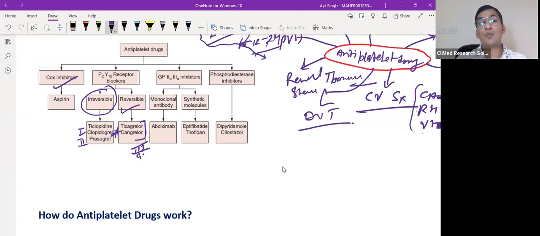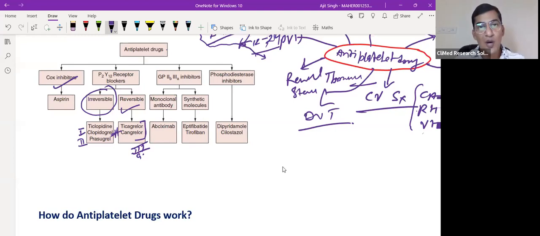Suppose clopidogrel binds to one platelet, so that platelet is now not free to function anywhere else. So the number of platelets goes down in the body, the activated platelets or the normal platelets. In the case of ticagrelor, every 12 or 13 or 14 hours or 24 hours, the platelets are getting released to the circulatory system again from the drug particle, because it is detaching from the platelet surface, and those can function as well as new platelets.